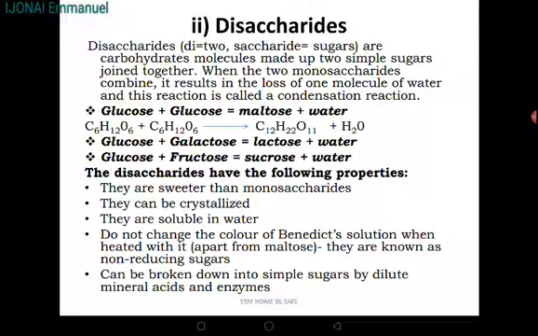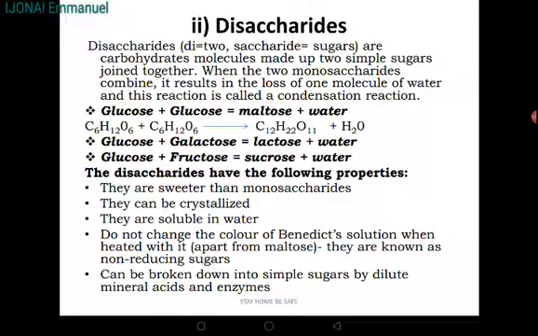So when the two monosaccharide sugars combine, it results in loss of one molecule of water. And this reaction is called a condensation reaction. So usually when we combine two monosaccharide sugars, one and another one, a reaction takes place. And in this reaction, water is removed or water is lost.